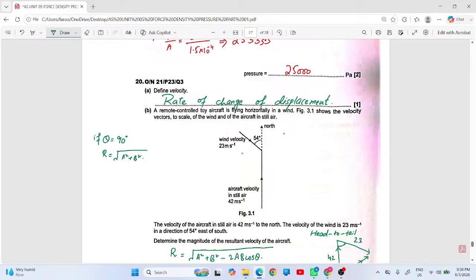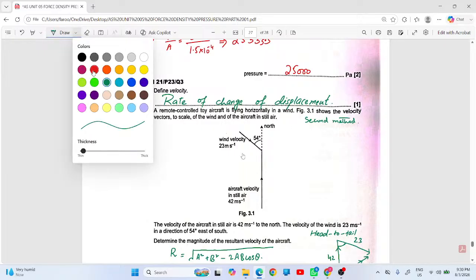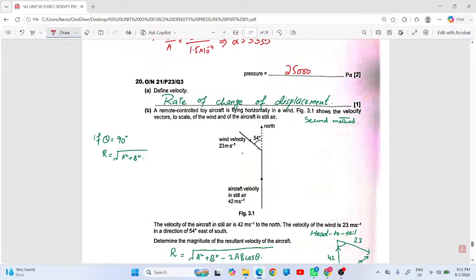So first we do this, we can write second method. For that, we have to make components of the wind's velocity. The velocity of the wind is in this direction. Now we have to make two perpendicular components.